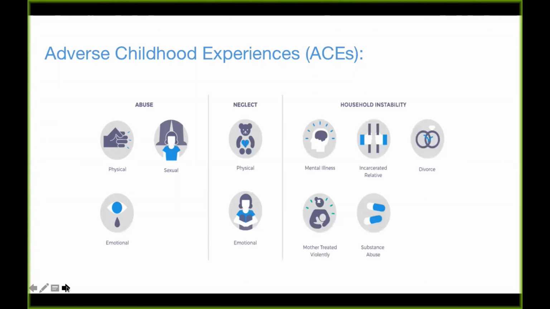So these ACEs include physical, emotional, and sexual abuse, physical and emotional neglect, living in a household where a member has a severe mental illness or substance dependence, where the child has witnessed some sort of violence against their mother, or there has been separation from a caregiver due to incarceration or divorce. And researchers continue to build understanding around these core ACEs and other potentially traumatic experiences in childhood that are associated with negative health outcomes.